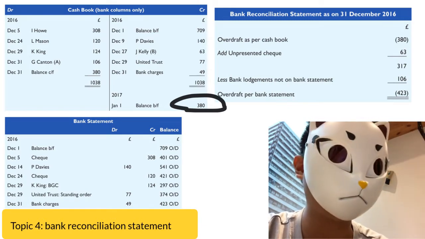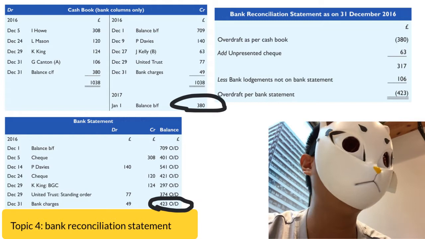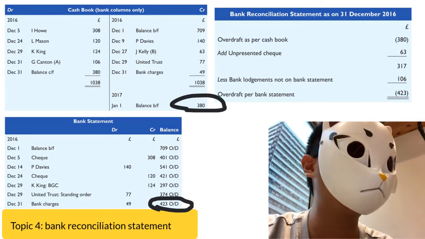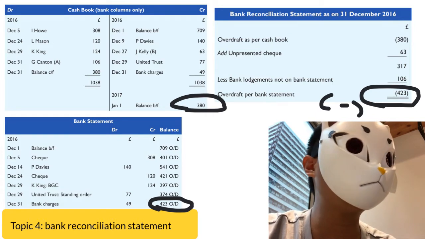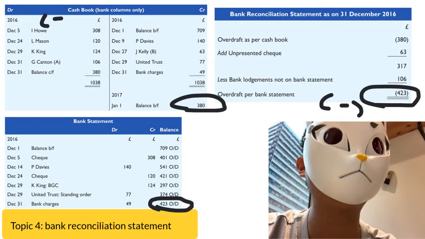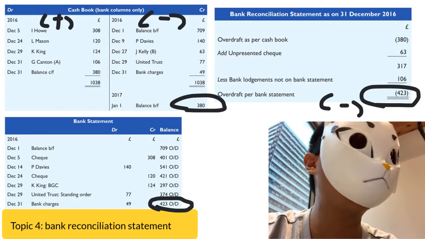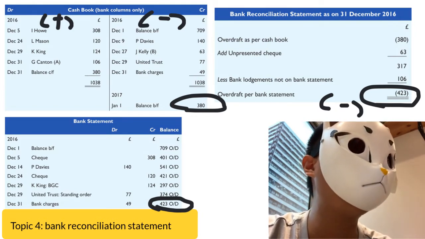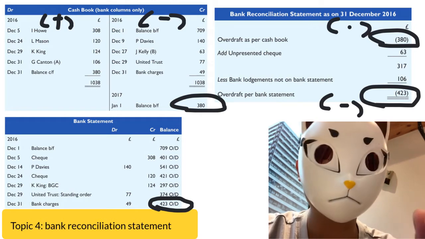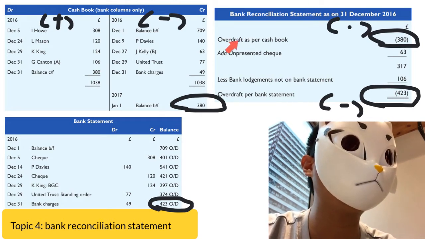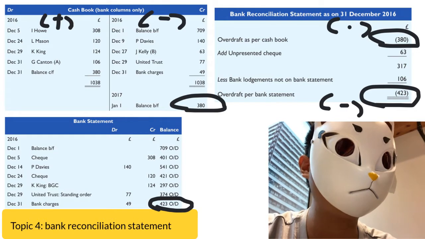Now, however, for the bank statement there is an overdraft, that means a negative number. So right now, you have to take a look. The purpose of the bank reconciliation statement is to explain why there are differences.